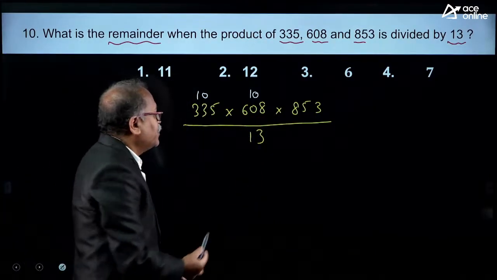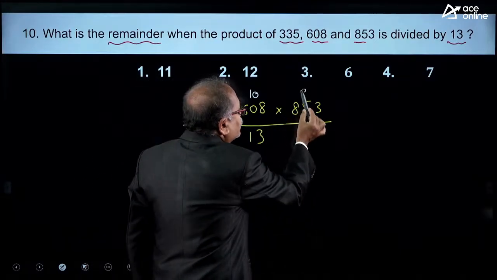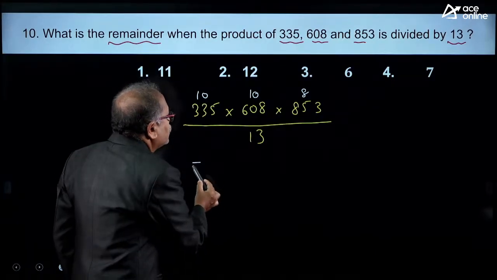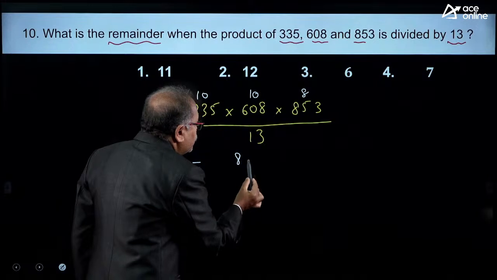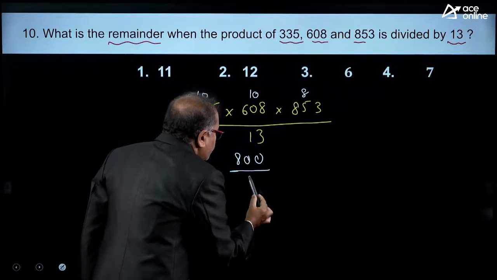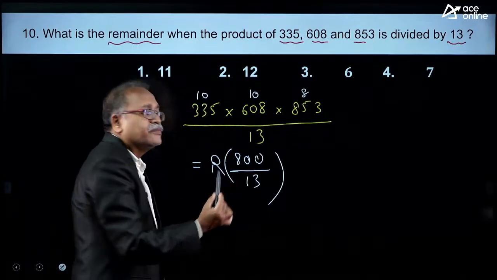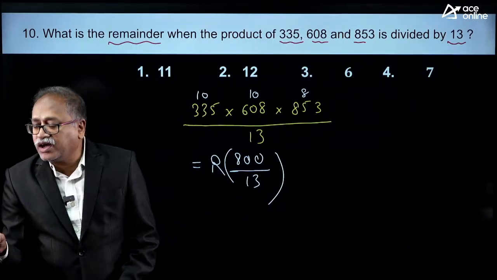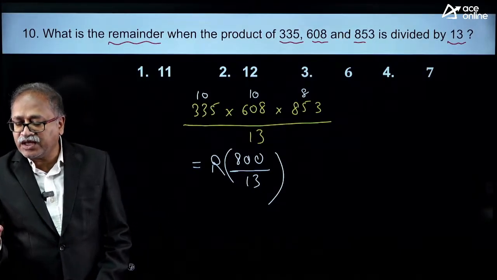I am doing your job. So, 853 divided by 13, you are getting a remainder of 8. So, finally, what I need to check here is 10 into 10 into 8, that is 800. When divided by 13, what will be the remainder? So, if you know this kind of technique, you will definitely be able to answer the question. Come on, my friends, someone can answer the question.